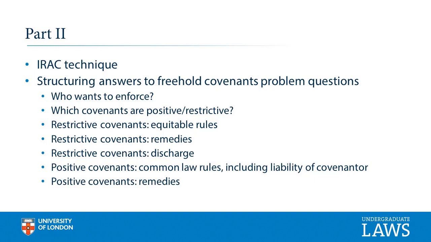In a standard freehold covenants problem question, the dominant land and the servient land are transferred by the covenantor and the covenantee to successors in title. And what is said here is based on that basic model. In the absence of any specific instructions, an answer to a standard freehold covenants question, in the sense just described, can be structured in the following way. The qualification is important.